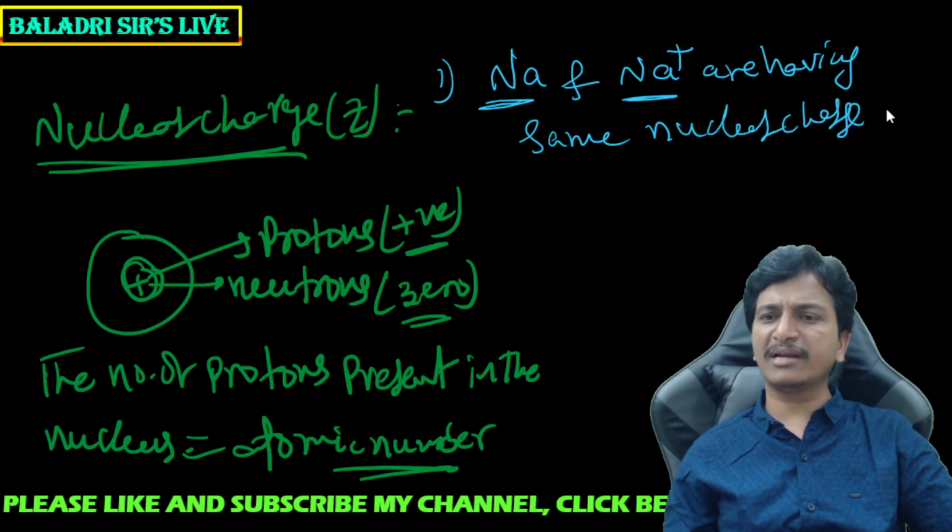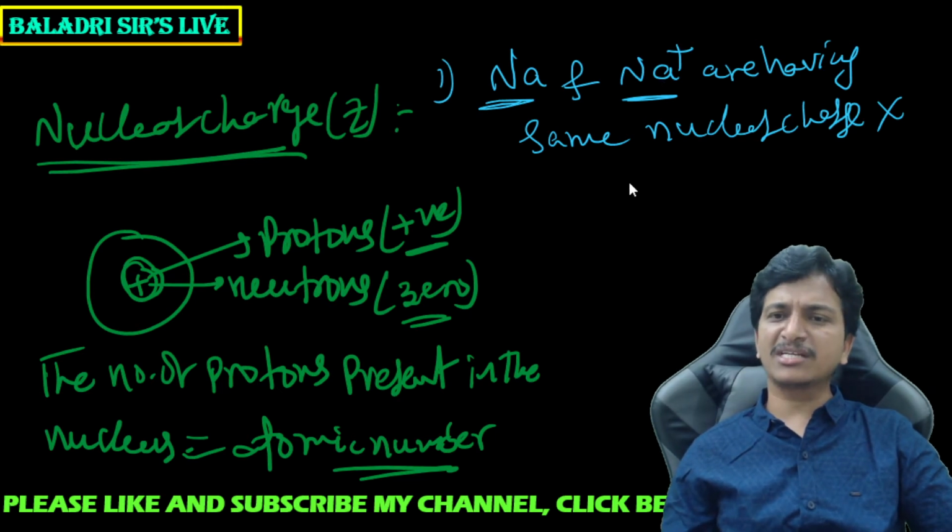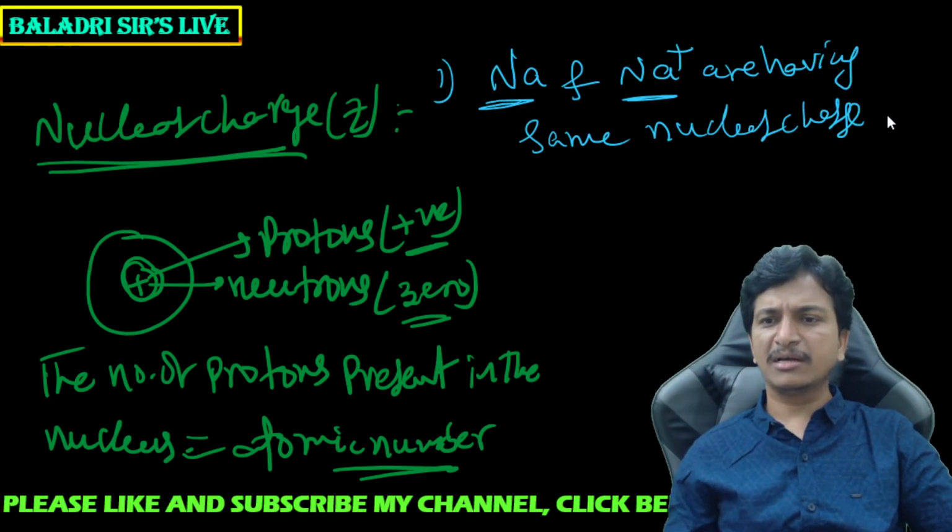Most students will write that this is the wrong statement. Sir, Na is there, Na plus is there, different charges are there. How can you say they have the same nuclear charge? Yes, the statement is 100% right. Sodium and sodium cation have the same nuclear charge.